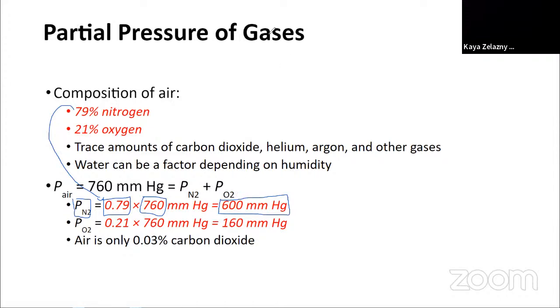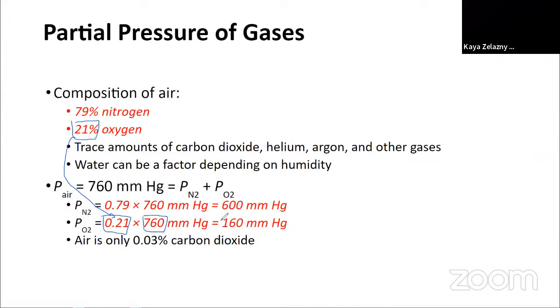So this means we can do the same thing for any of our other gases, but the one we're paying attention to here is oxygen. Right? Oxygen is really important for our body. So we just take that 21%. We multiply it by 760, which is our atmospheric pressure.